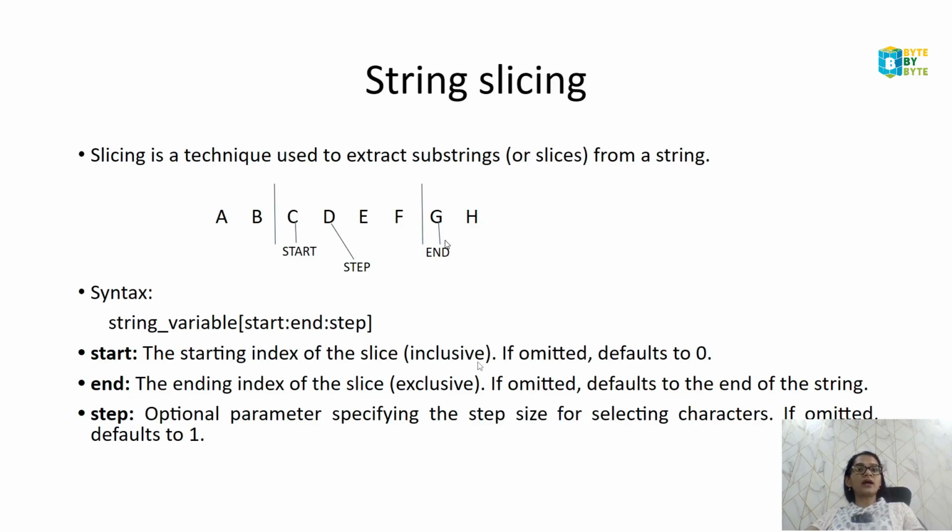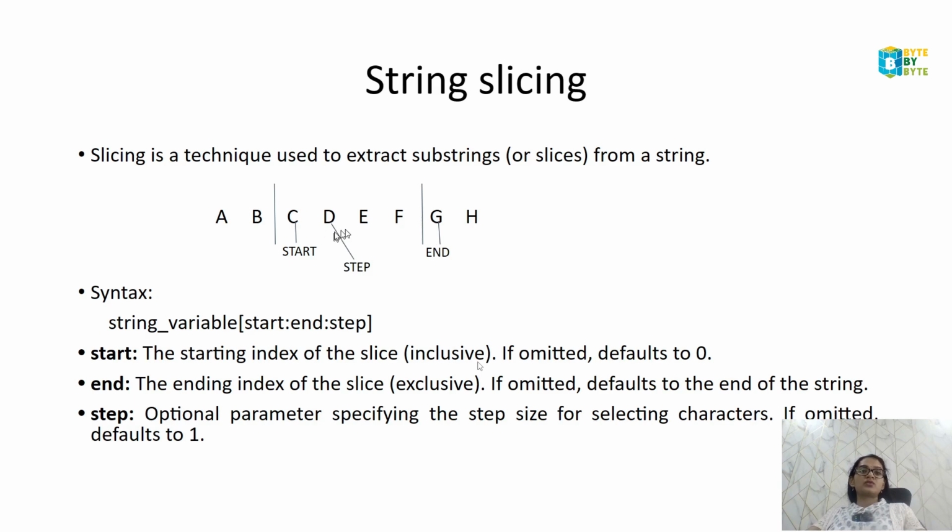If you say your end is at the F character, you will get the string until CDE only. But I do not want only CDE, I want CDEF. So your F cannot be your end character. Your next character's location will be your end. So 0 1 2 colon 3 4 5 6, so 2 colon 6. Okay, so that will be your end.